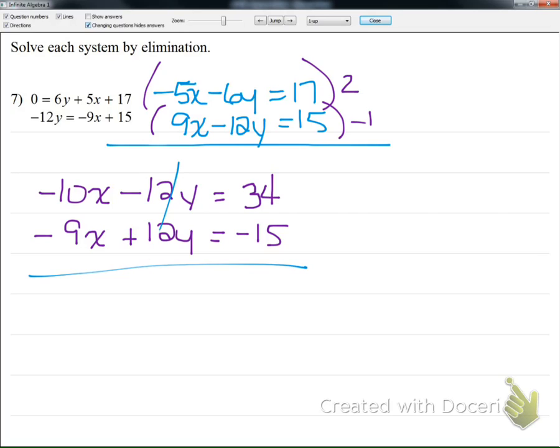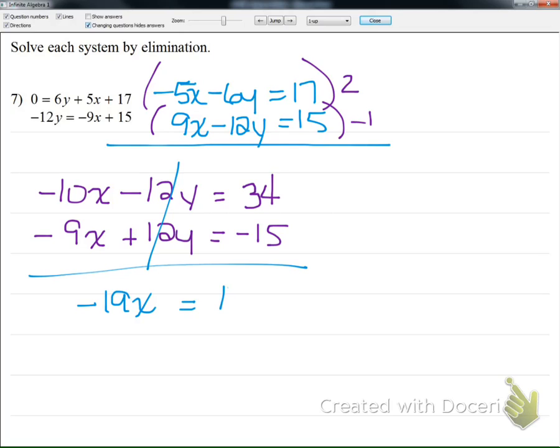Now I have a zero pair and I can combine. -19x is equal to 17. I'm really messing up with this problem, aren't I, today? Just a second. Not 17.